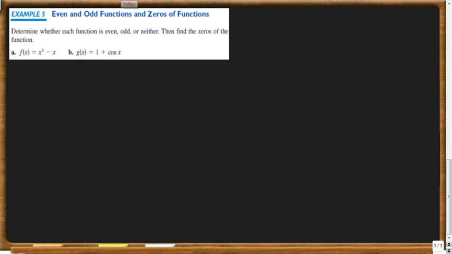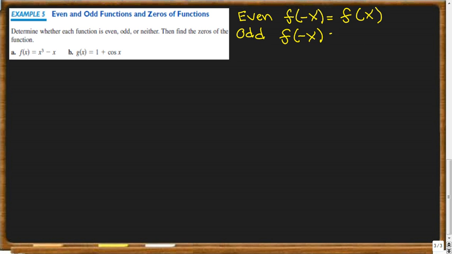And that's going to tell us whether or not we are even, odd, or neither. So just as a quick refresher, even means that f of negative x gives me the same value as my function. Odd means if I plug in f of negative x, I get the opposite of my original function.